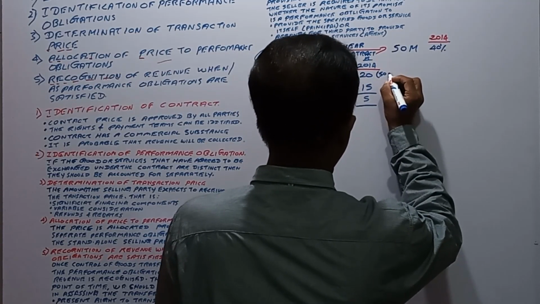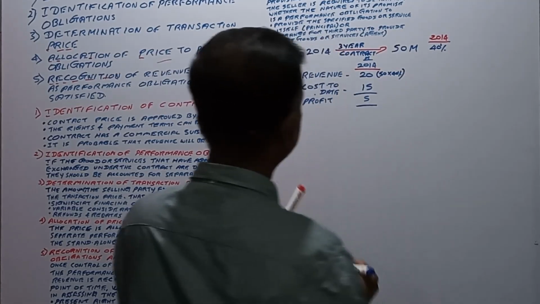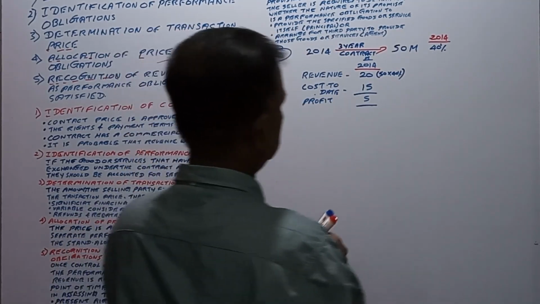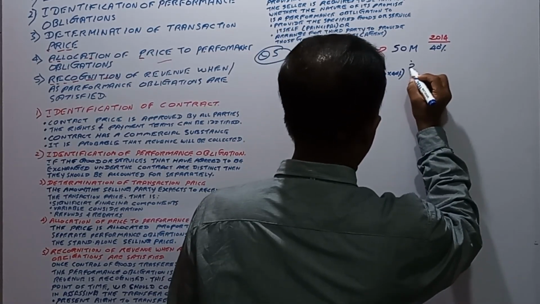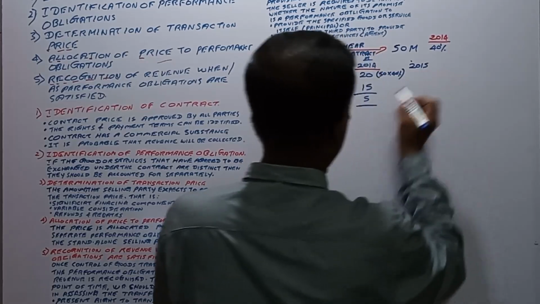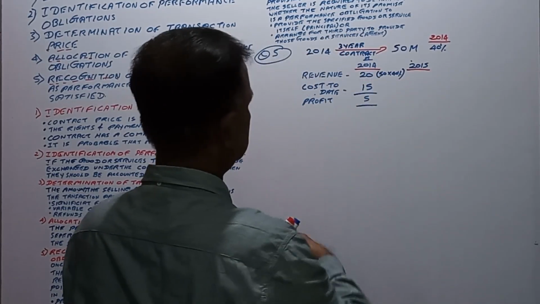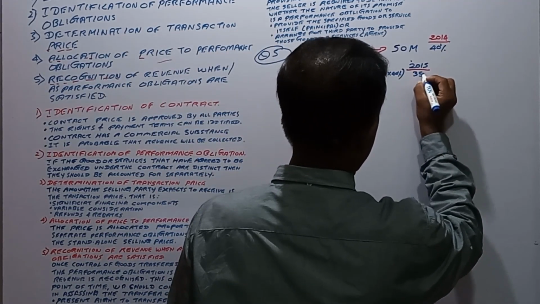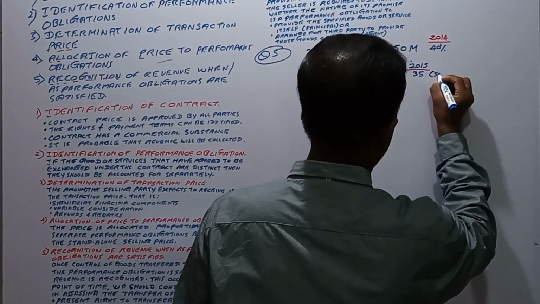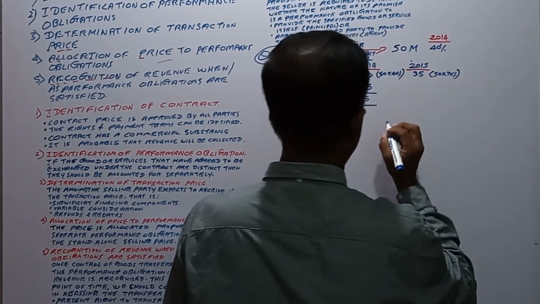In 2014 it is 50 million into 40%. In 2015, 70% is completed, that is 50 million into 70%, which is 35 million.